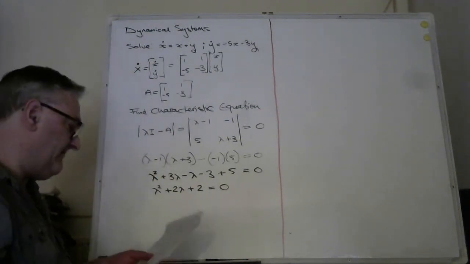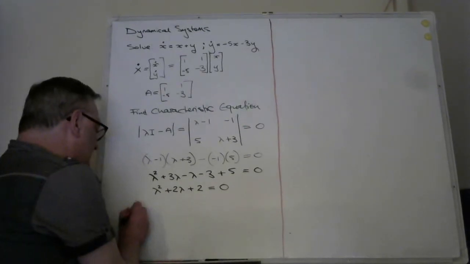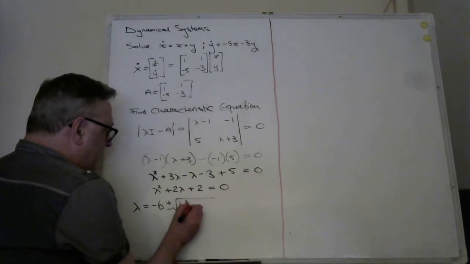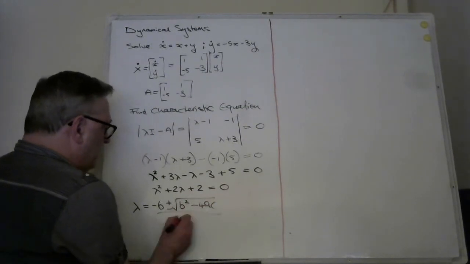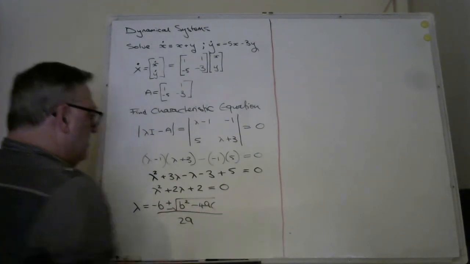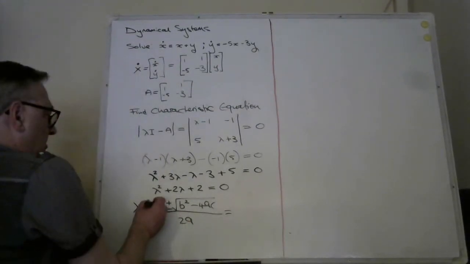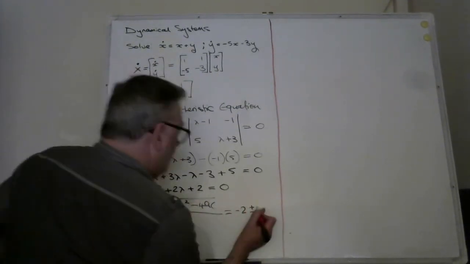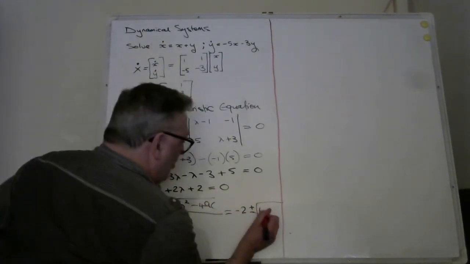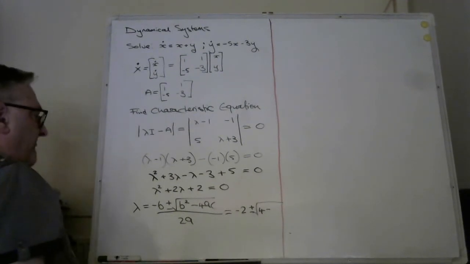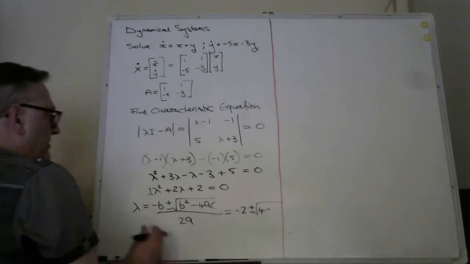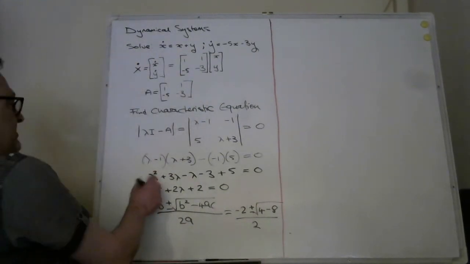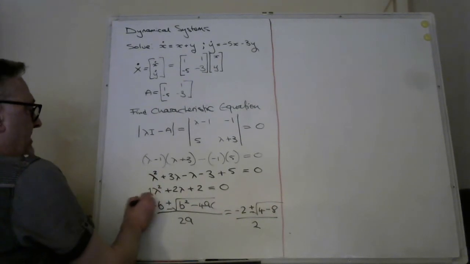Well, no, we can't really factorise it very easily, because if we use the quadratic formula, lambda equals minus b plus or minus the square root of b squared minus 4ac over 2a, then we find that the b is equal to plus 2, so that becomes minus 2 plus or minus the square root of b squared is 4 minus 4 times this coefficient here, 1, times 2, which is minus 8, over 2a, which is just 2, because the coefficient of a is just 1 in that particular case there.